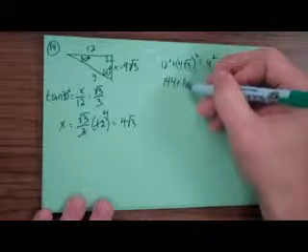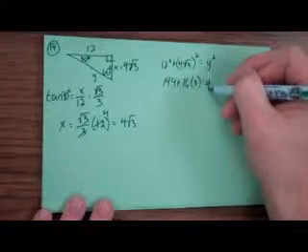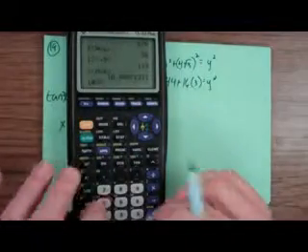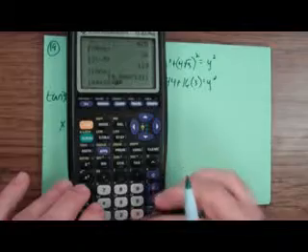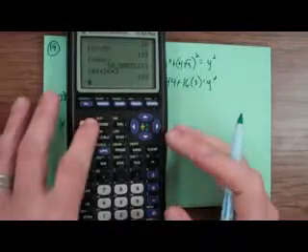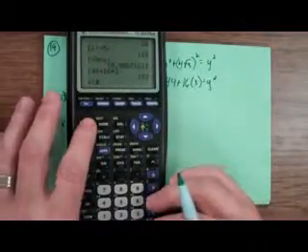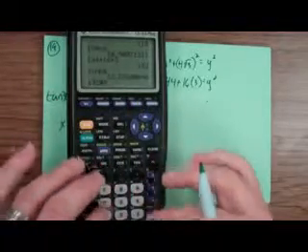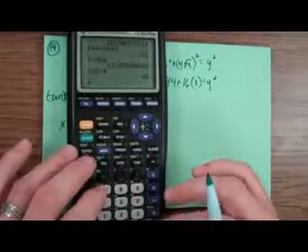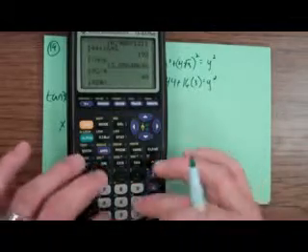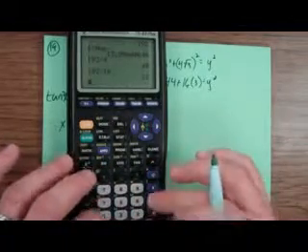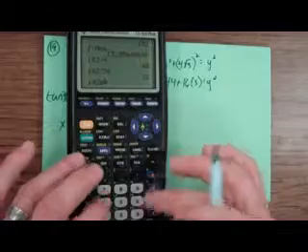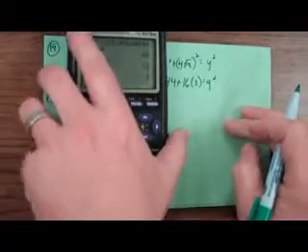144 plus 16 times 3 equals y squared. And let's see if this has a nice square root. It doesn't. Let's see if we can simplify it. Alright.